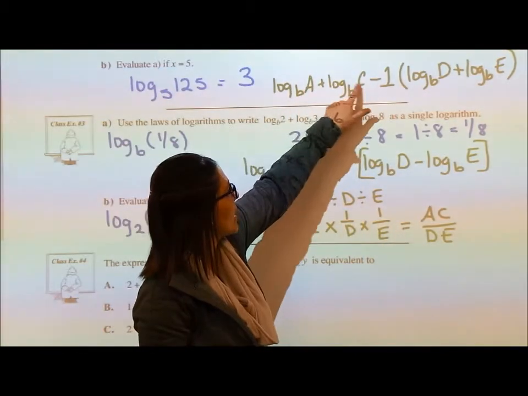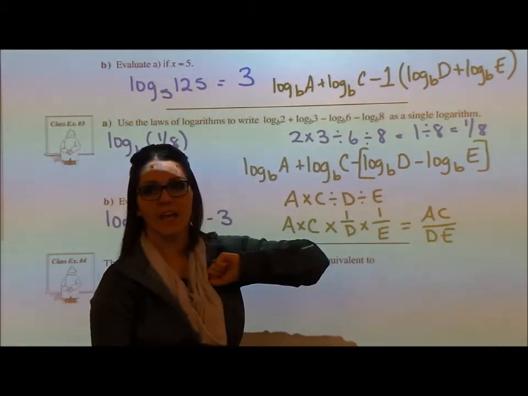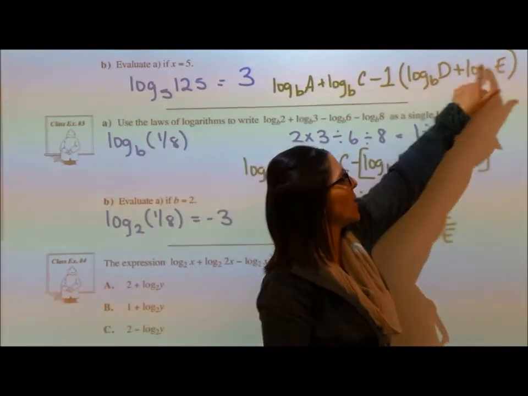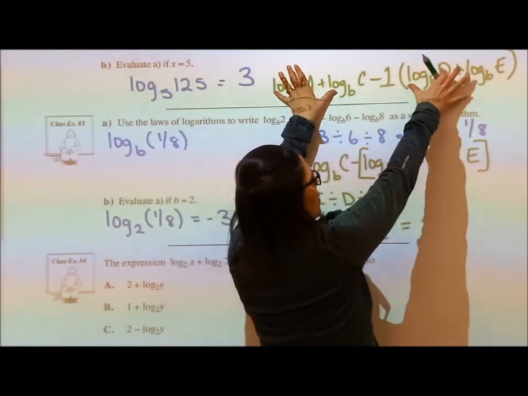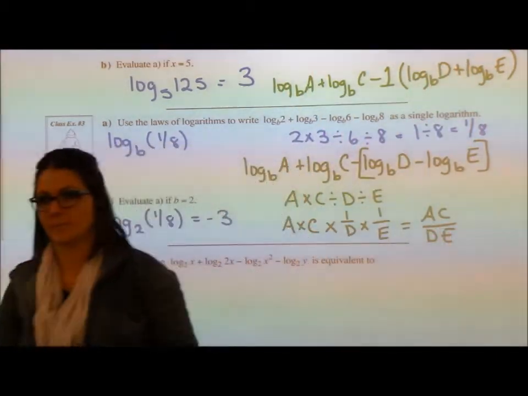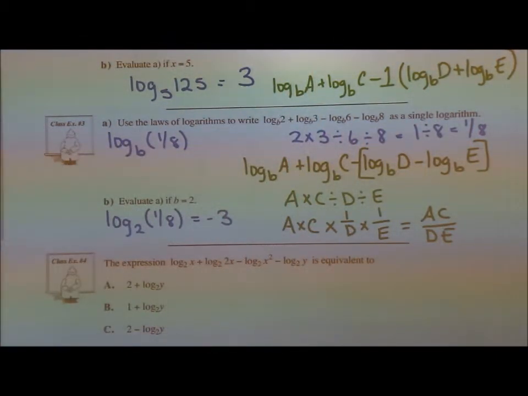And then these two get multiplied together. There's my AC. These two get multiplied together. There's my DE. And the two of them get divided. So there's a couple of ways that you could answer a question like that.